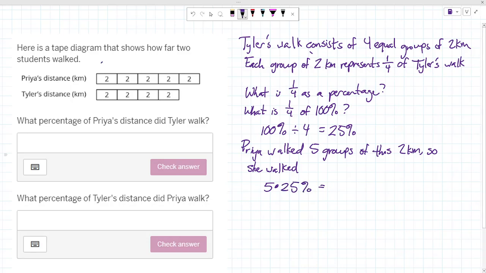Because this is like 25% of Tyler's distance, this one is like 25% of Tyler's distance, and so on. So that would be, let's count by 25s. 25, 50, 75, 100, 125. So she walked 125% of Tyler's distance. So you should put a 125 in that box.